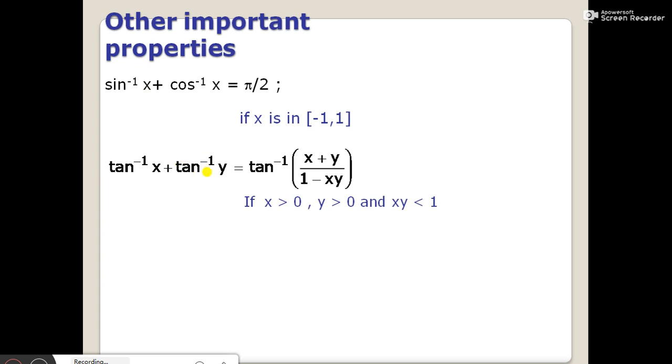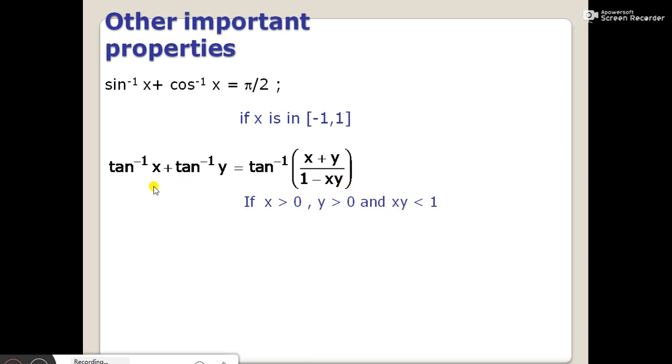And the next property is tangent inverse x plus tangent inverse y is equal to tangent inverse x plus y upon 1 minus xy. In this property, three parts will be there. In the first part, if x is positive, y is positive and xy is less than 1, then we can apply tangent inverse x plus tangent inverse y is equal to tangent inverse x plus y upon 1 minus xy.